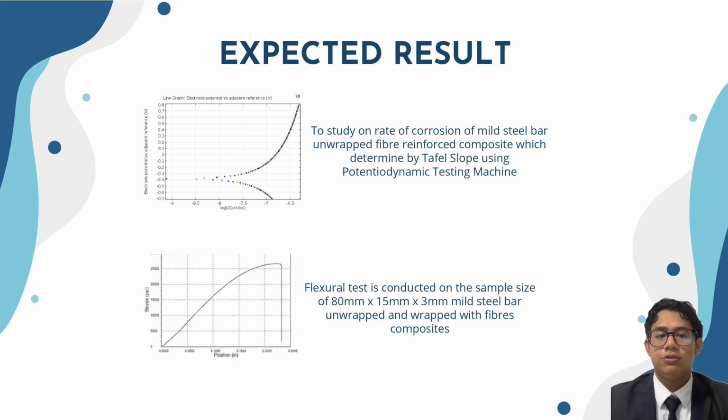The second picture shows the flexure test, which has been conducted by using a universal testing machine and 3-point bending, used to determine the stiffness and also the deflection of the metal bar for the unwrapped and also the wrapped metal bar with different types of fiber composite.